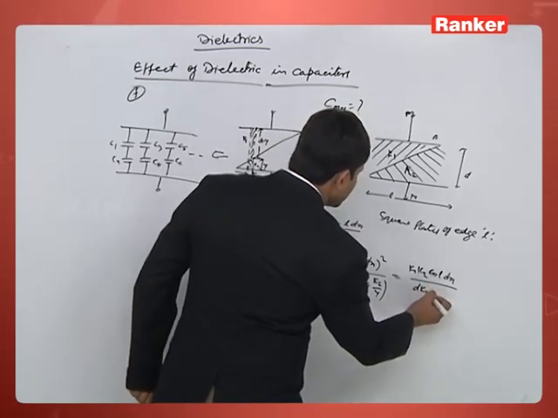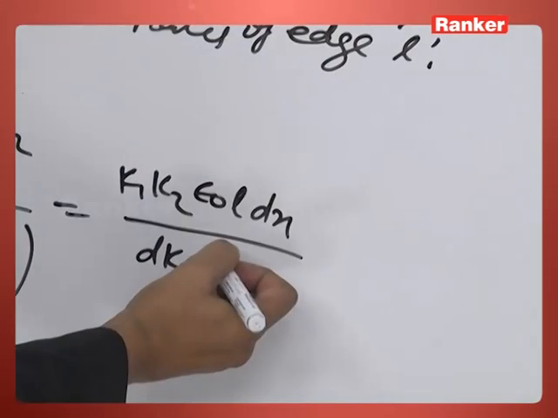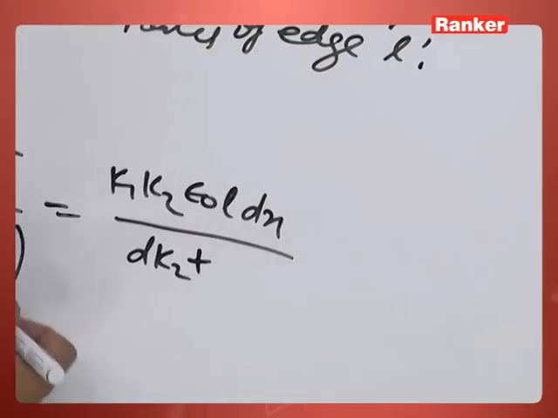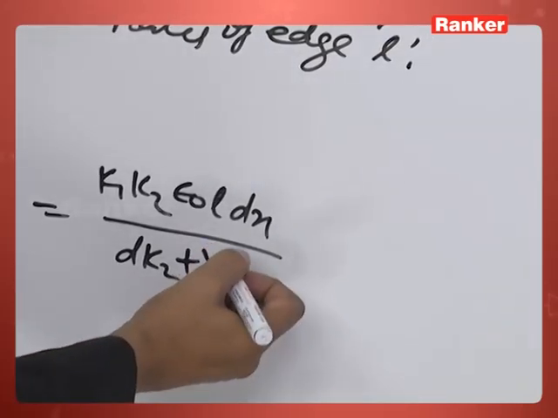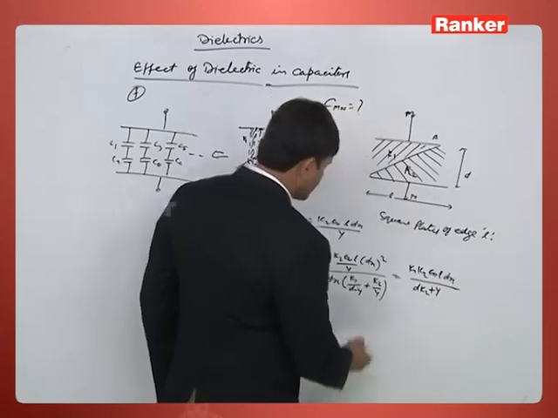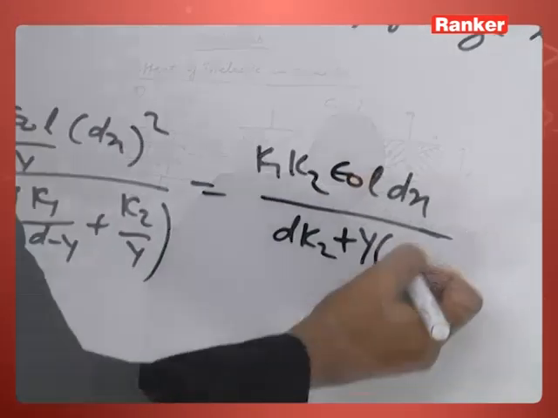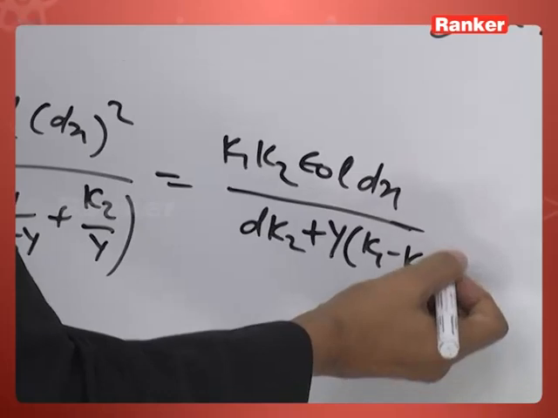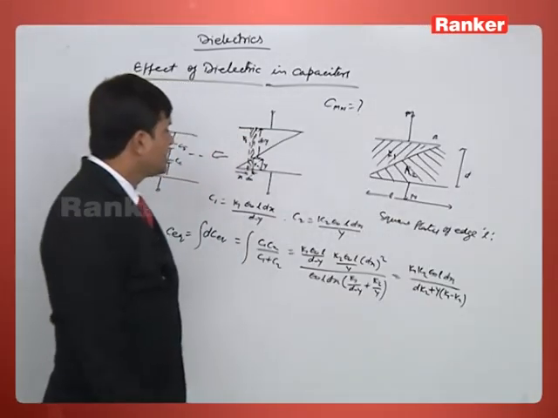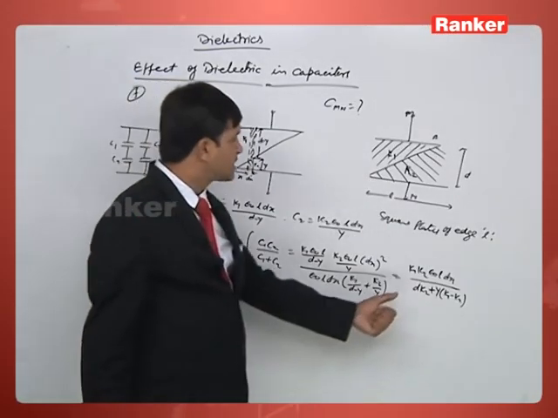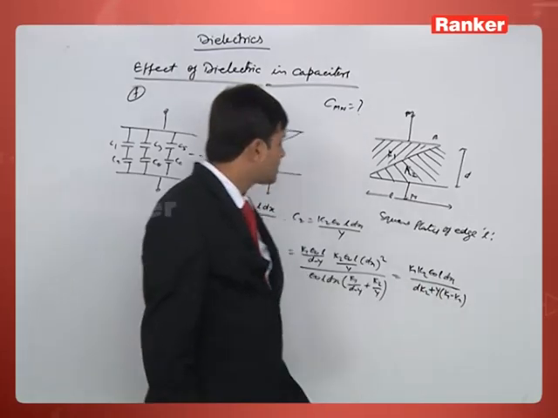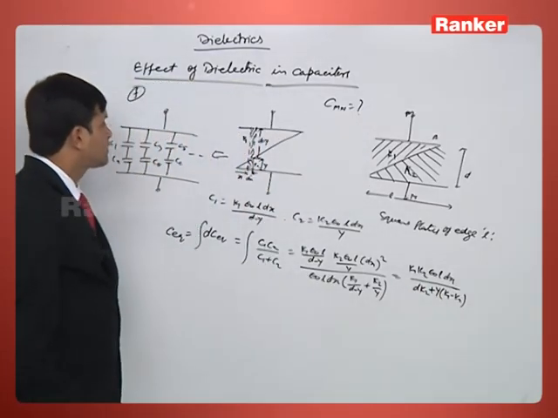So dK2 plus y we can take common, K1 minus K2, like this, in this manner. Now this is your dx and here your y. So we have to convert y in terms of x.